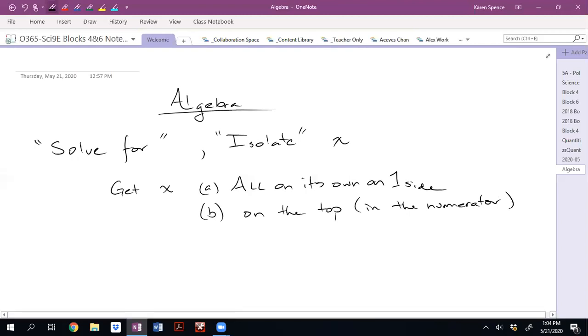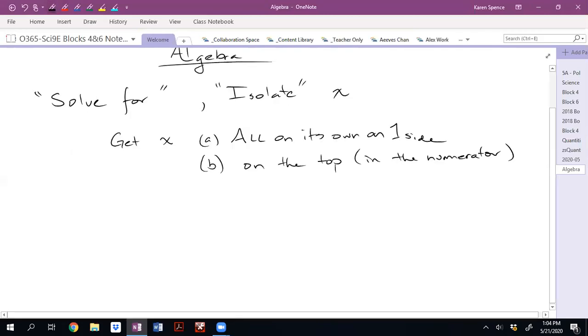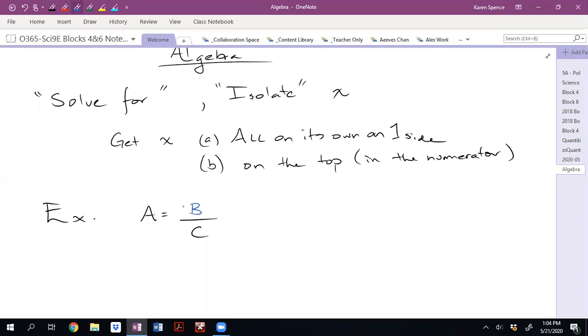So we're going to start with an equation that looks like this: A is equal to B over C. Because you're getting a handout with all of this on it, you can feel free to either copy this down as we go, or just watch, knowing it's on that handout for you to refer to later.